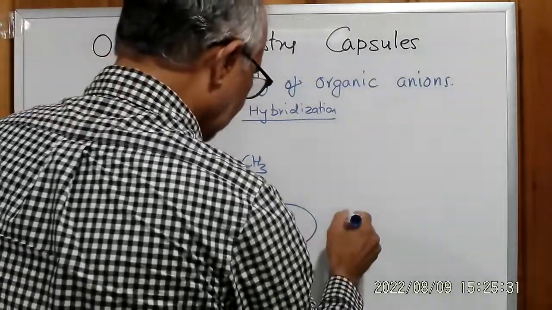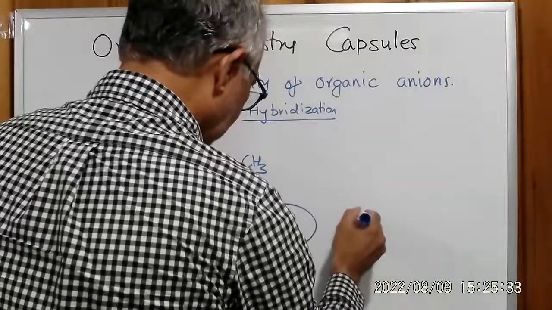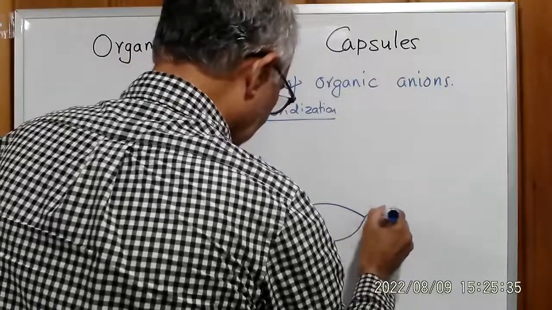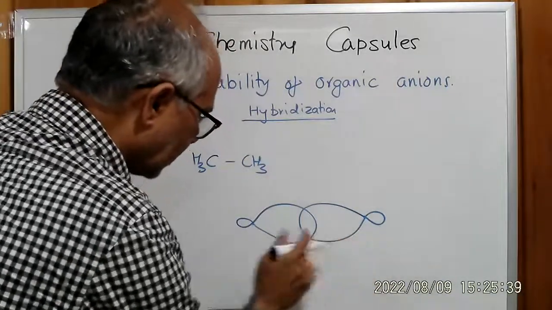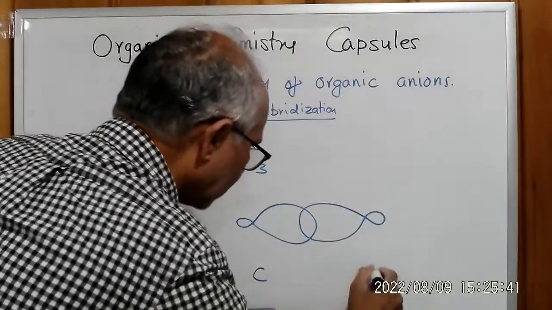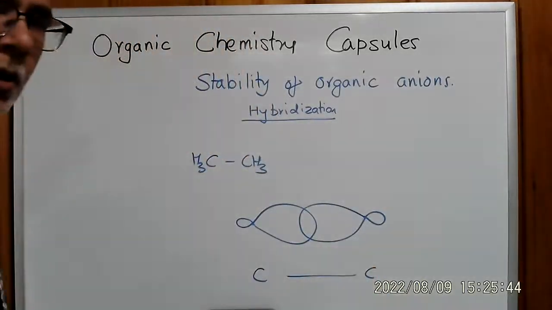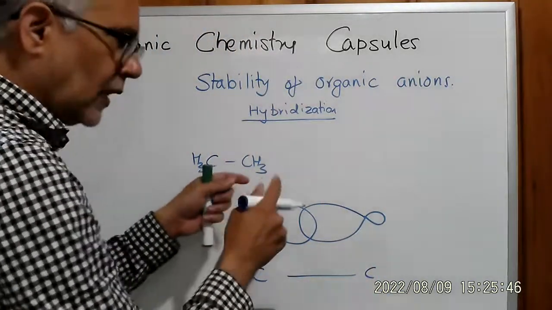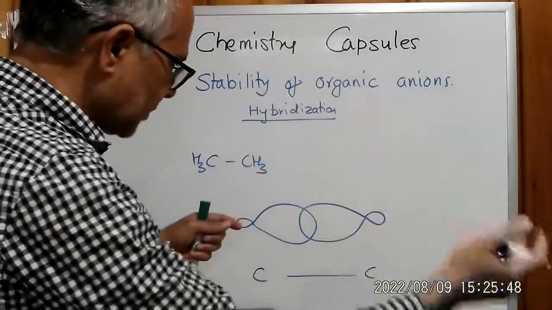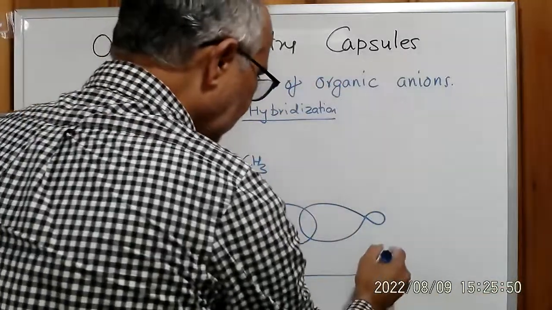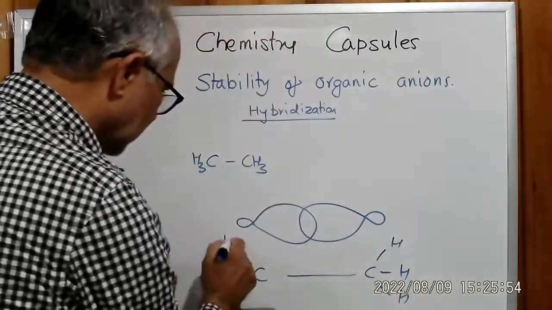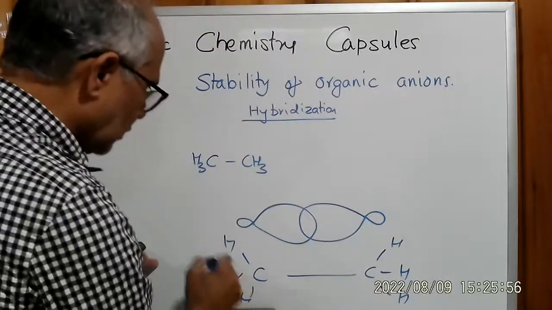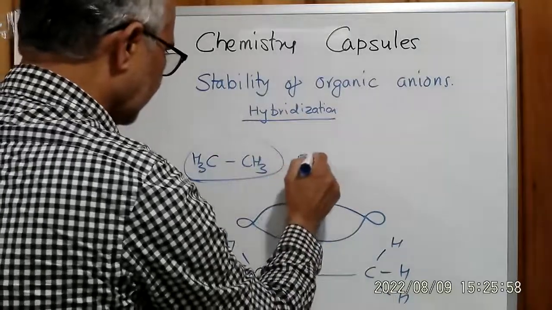Then the right carbon will also have its own sp3 hybrid orbital. So it's forming the carbon-carbon bond. Each carbon has 3 sp3 hybrid orbitals, and they are forming single bonds with 3 hydrogens. So you have the next alkane, ethane.